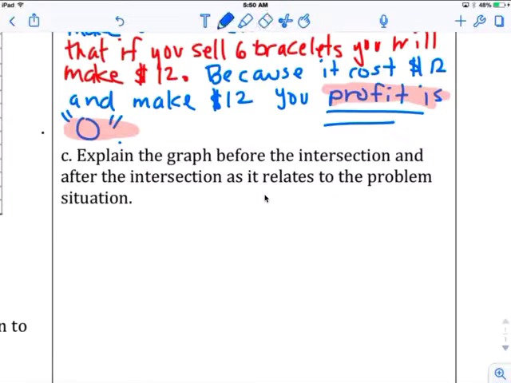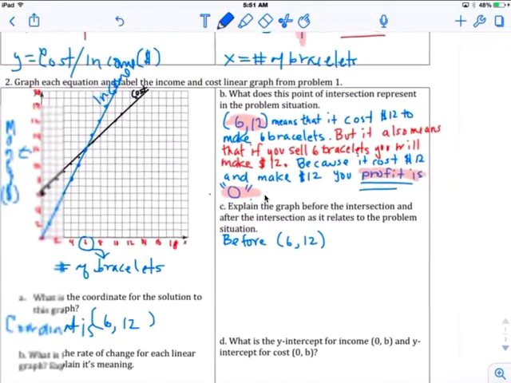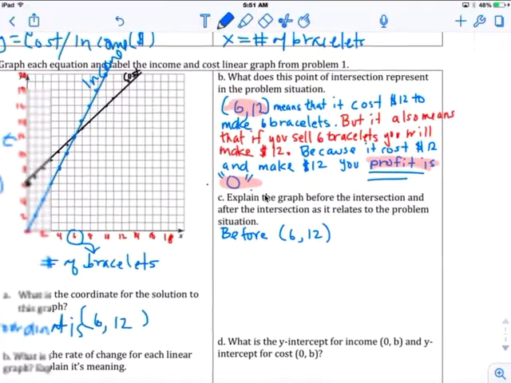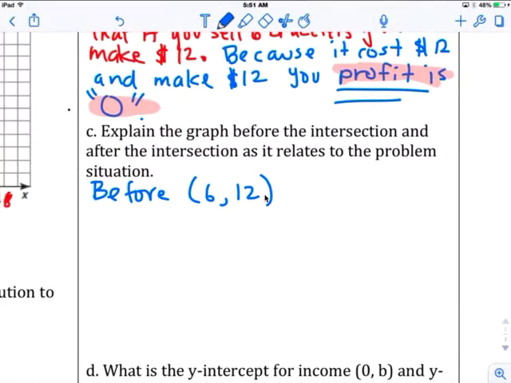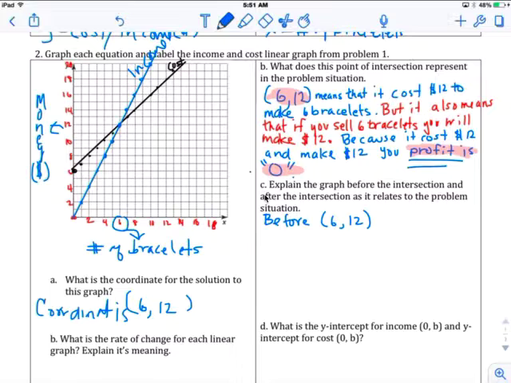Okay, before (6) and 12, your income is less, because it's lower, means it's less. Before it, your income is lower.